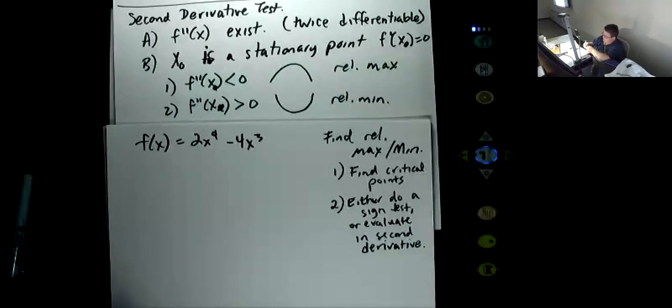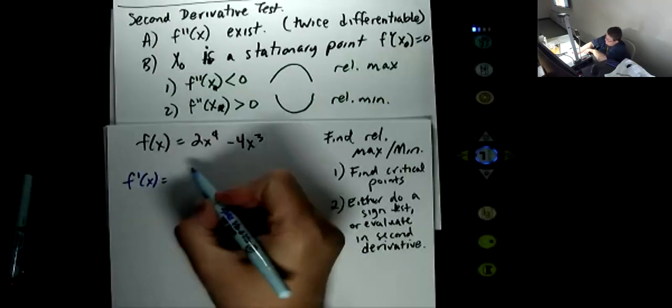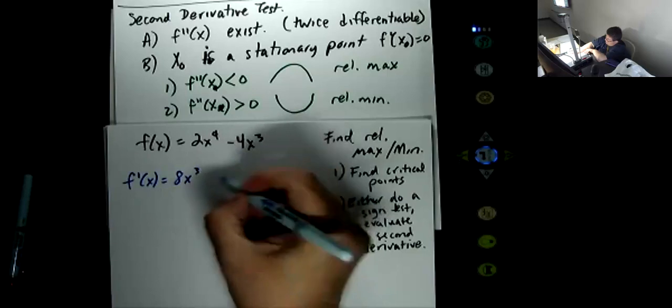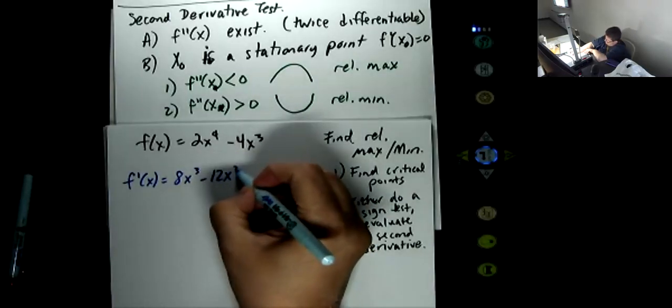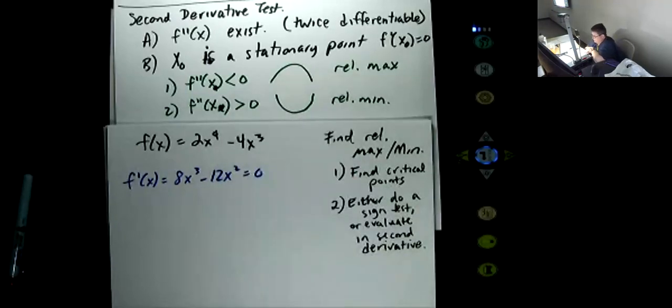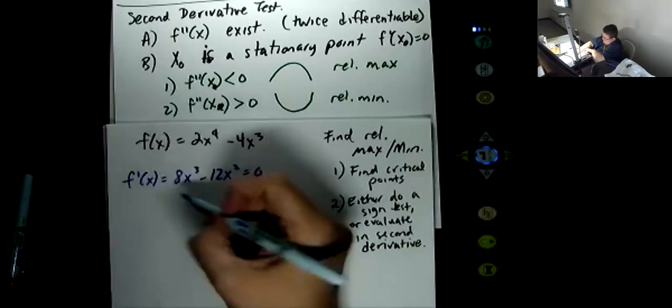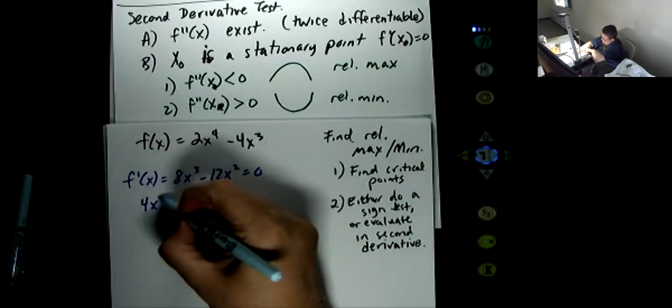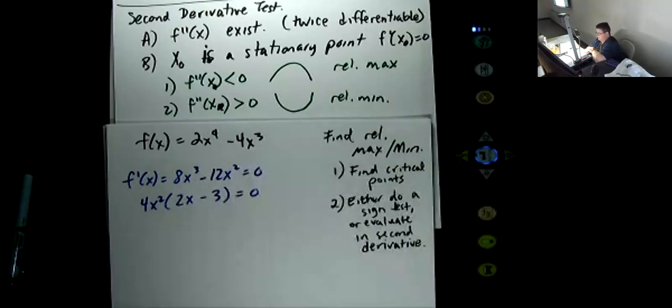Okay, so we'll take the derivative. And we get 8x cubed minus 12x squared equals 0. I can factor out a 4x squared, and I have 2x minus 3 equals 0.